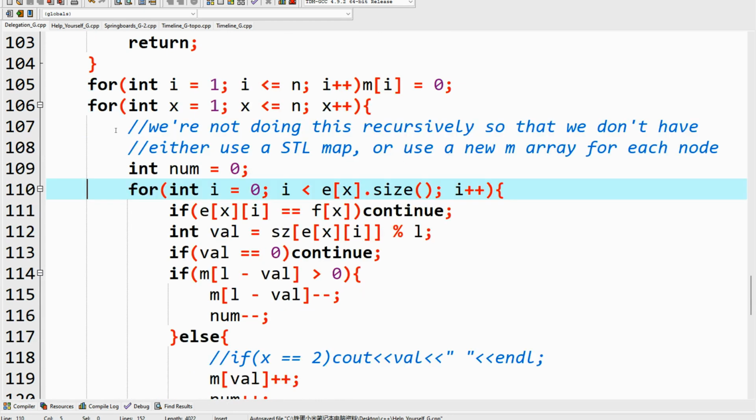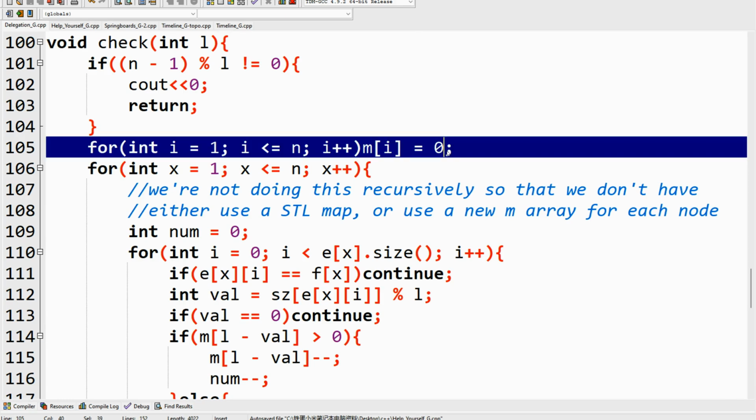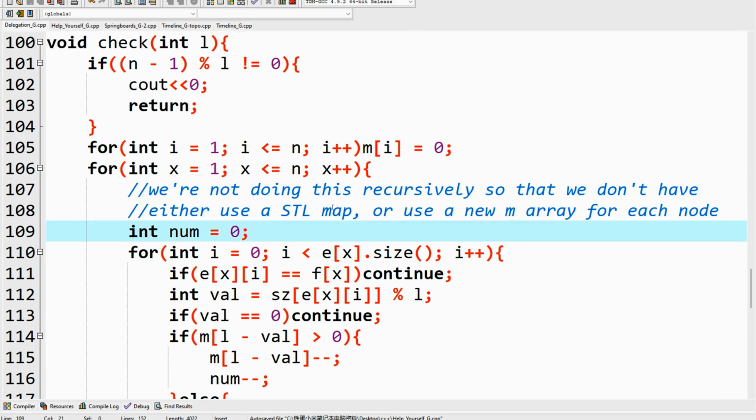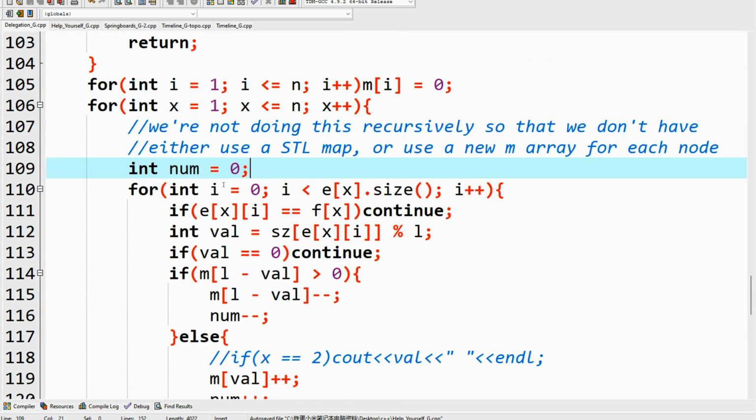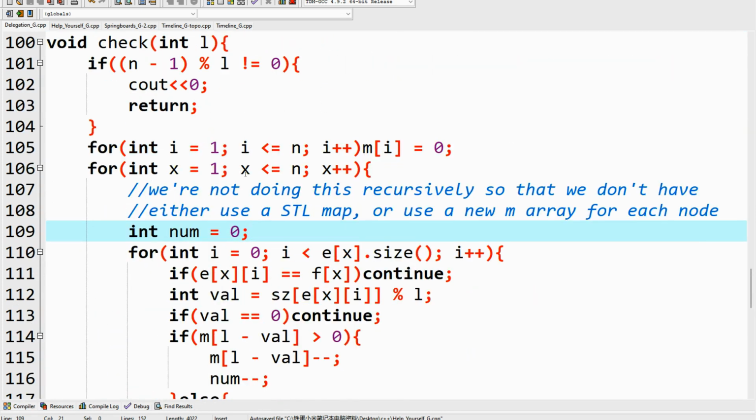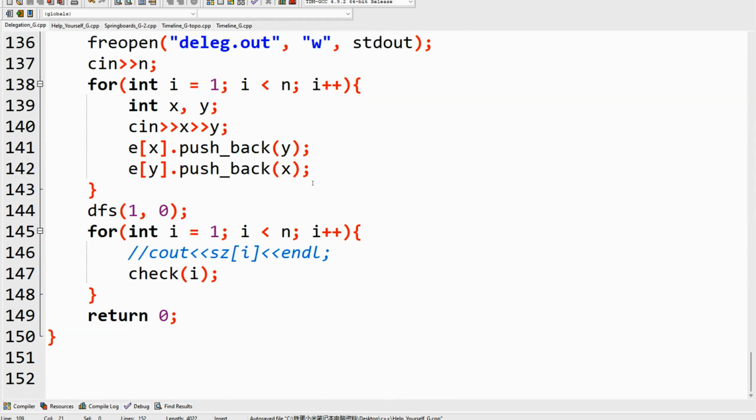That way we can reuse the array every single time. We don't have to create a new one for every single node because we're not doing a recursion. So this problem will give us a time complexity of root n times n, which is around 3 times 10^7 for this problem, which is sufficient to pass.